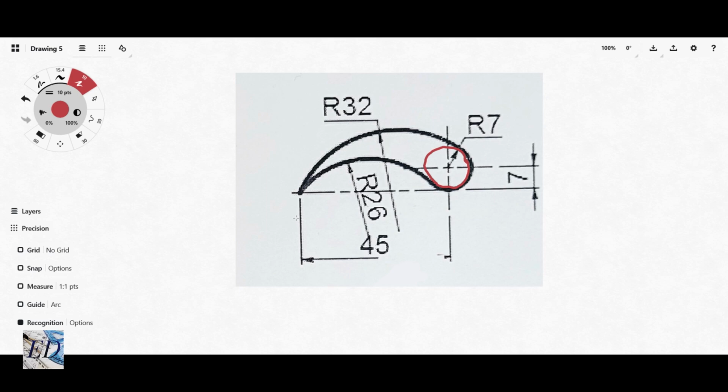And if you draw out this circle of radius 32 millimeters, we should have something like this. And then if we draw out this circle of radius 26, we should have something like this. Let me use different colors to make it a little more visible.